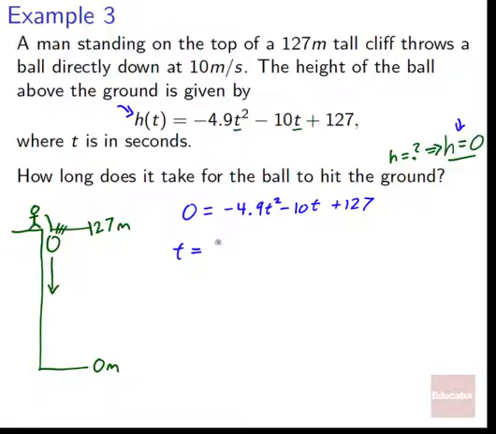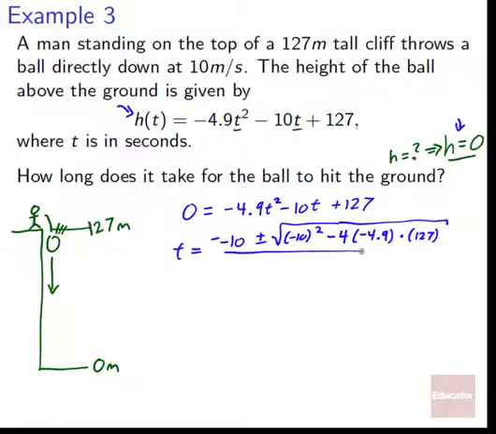So t equals negative b, negative 10, plus or minus the square root of negative 10 squared, minus 4ac, 4 times negative 4.9 times 127, all over 2a, 2 times negative 4.9.